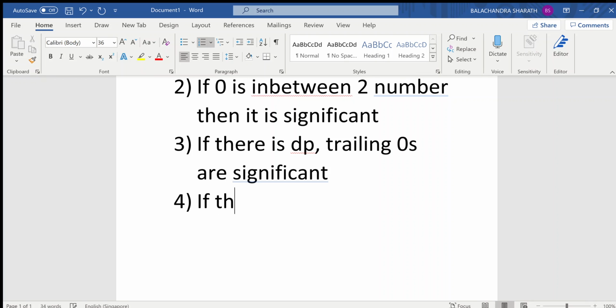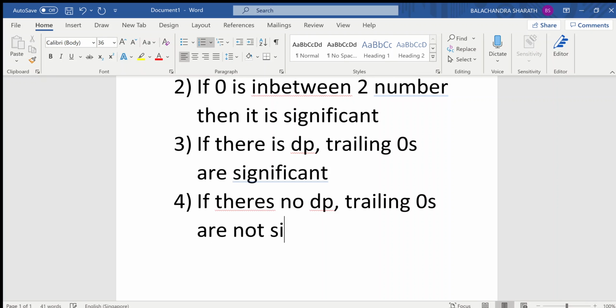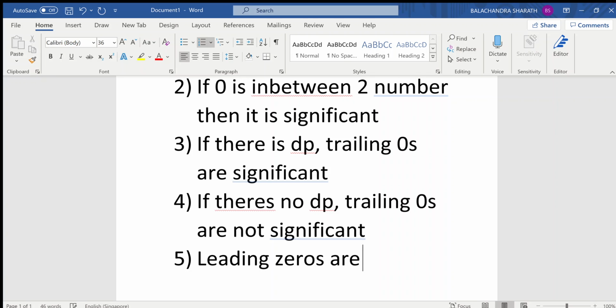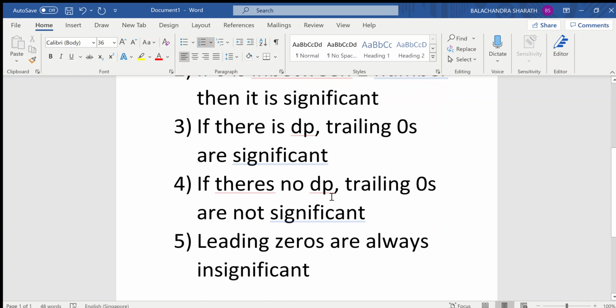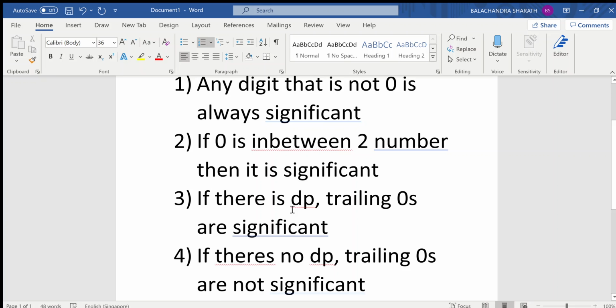If there's no decimal point, trailing zeros are not significant. In all cases, leading zeros, the zeros that come before a non-zero digit, are always insignificant. All right, so these are the rules. So there are 5 rules.